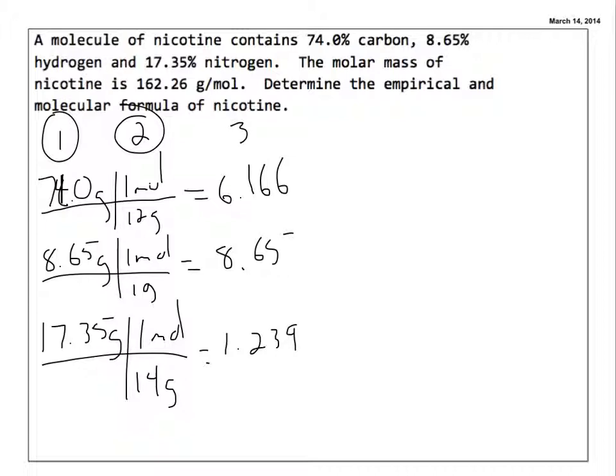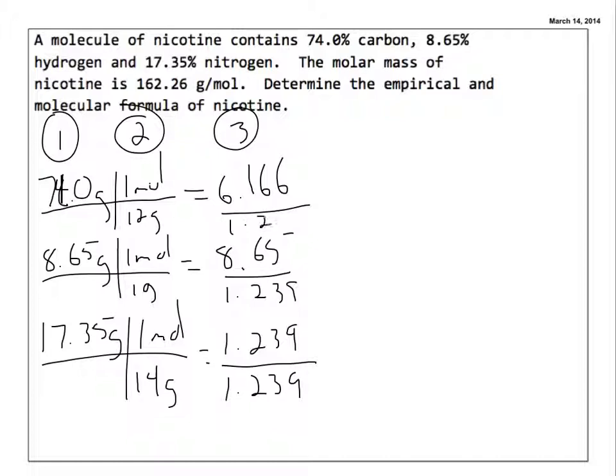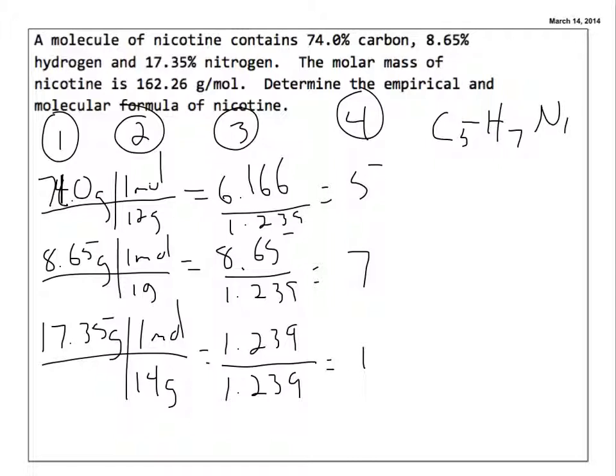So step 3, take the answers from step 2 and divide them all by the smallest number, which is 1.239, and you get 5, 7, and 1. So that's step 4. So the empirical formula is C5H7N1.